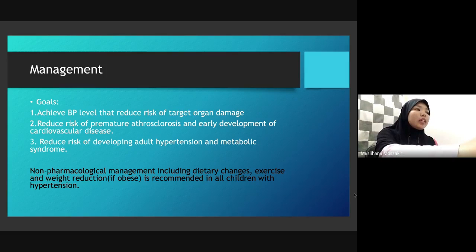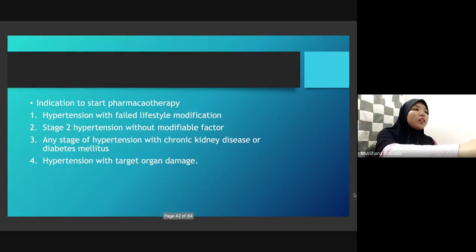And then the indication to start medication is if the hypertension fails with lifestyle modification, and if the patient has stage 2 hypertension without any modifiable factors, meaning, for example, the patient has a family history of hypertension, or already has a congenital renal problem.